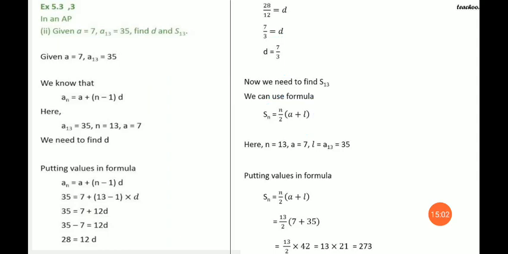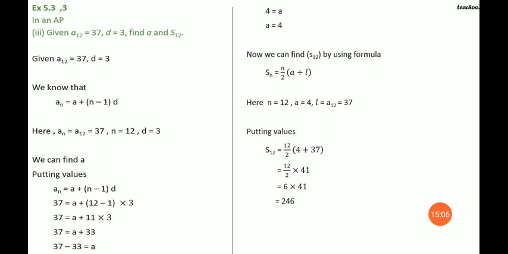Moving towards the next part of this question, third part. Here it is given a12 is equal to 37 and d is equal to 3. Find a and S12.